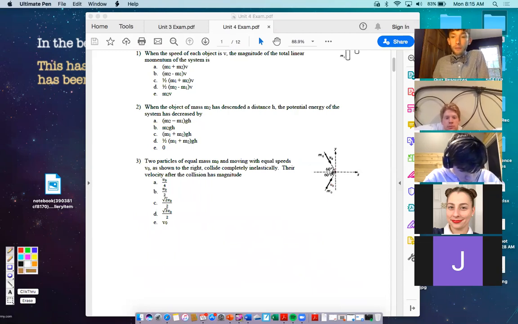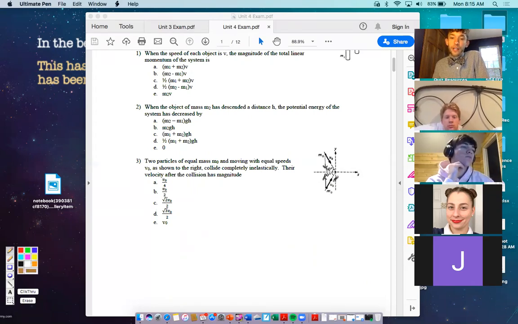Remember that momentum is conserved in each dimension individually, independently, the x dimension and the y dimension. I can see right away that when they collide, this one is going to have some downward y velocity. This one is going to have the exact same value, a positive y velocity. So I know that those are going to cancel out.